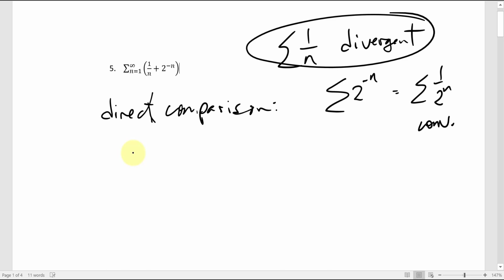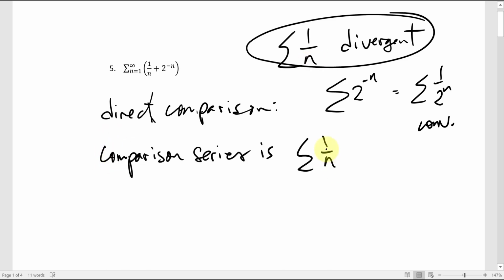If I'm choosing a comparison series, and this is my comparison series, because it's divergent, the only way I could do a direct comparison with this guy is to have it less term by term than the given series. If this was larger, there would be no logical way I could make a conclusion, having a divergent series that was larger term by term than the given one, right?